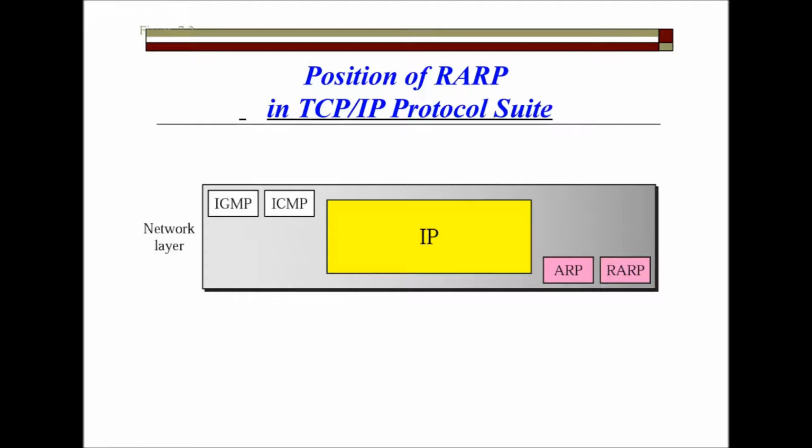We have discussed ARP, Address Resolution Protocol, and Reverse Address Resolution Protocol is also deployed on the network layer. And 2 other protocols, Internet Control Message Protocol and Internet Group Message Protocol, are also deployed here. So our discussion is about reverse ARP, which is deployed on the network layer.